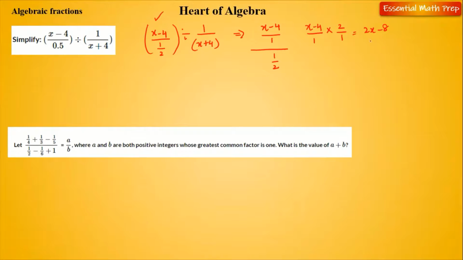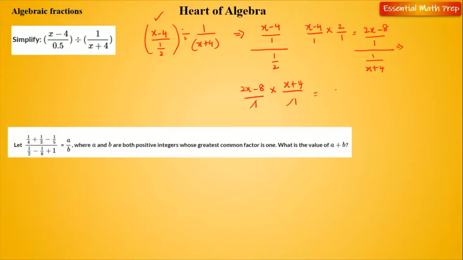We still have to divide this by 1 over x plus 4. So I'm again going to assign a temporary value of 1 and divide the whole thing by 1 over x plus 4. So that means 2x minus 8 over 1 times x plus 4 over 1, right?